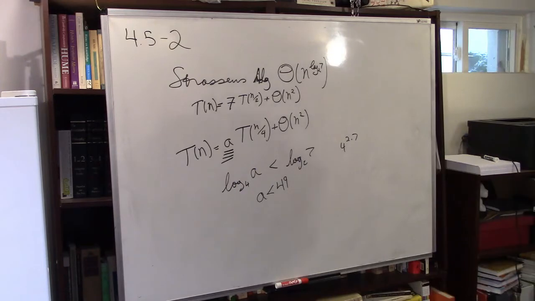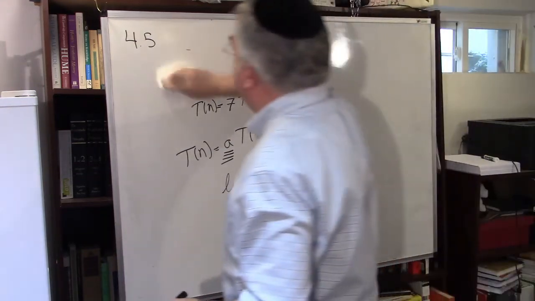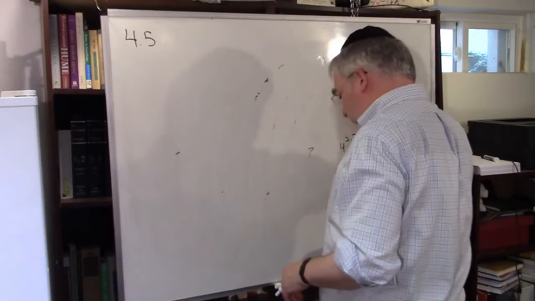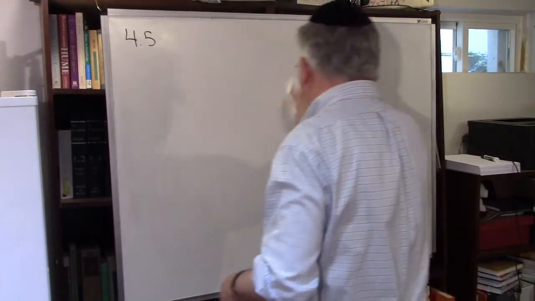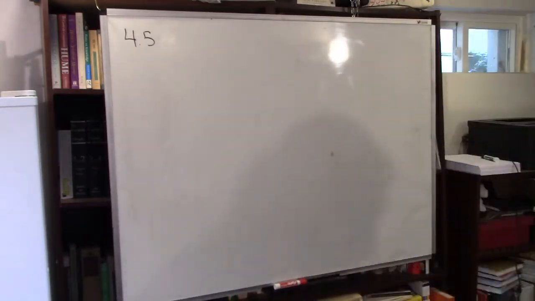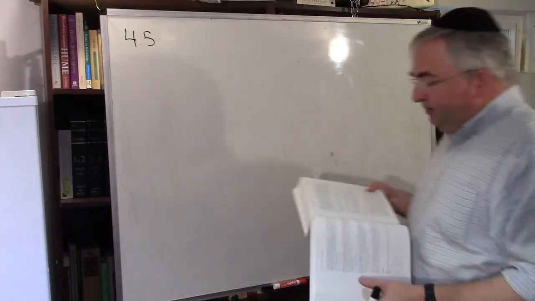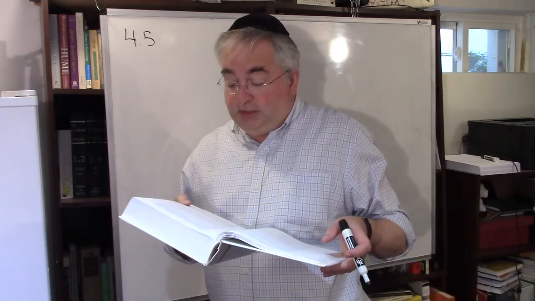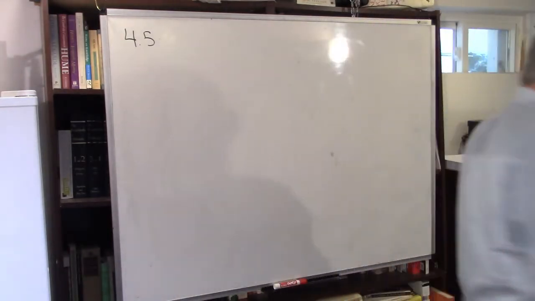Last problem is 4.5-3. Use the master theorem to show that the solution to the binary search recurrence T of n equals T of n over 2 plus 1 is theta of log n.